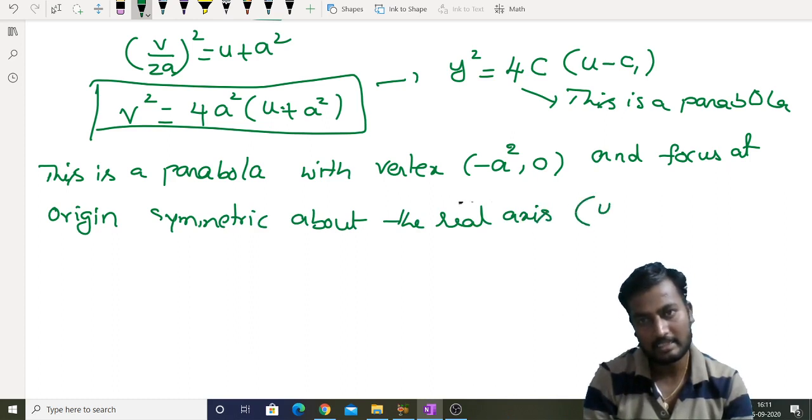Here the real axis is nothing but the u axis.